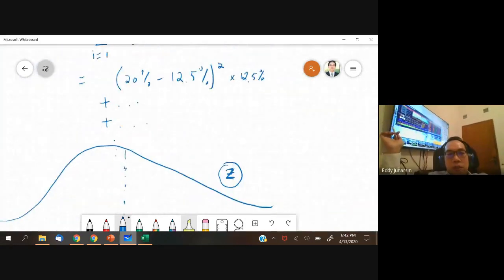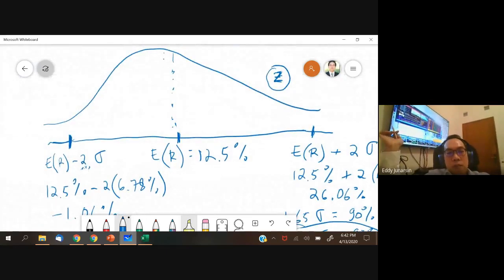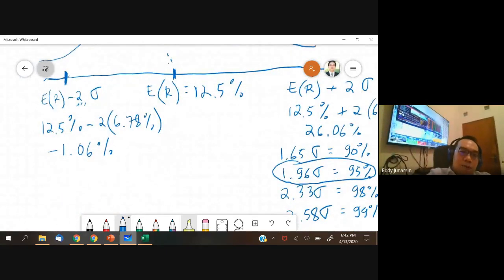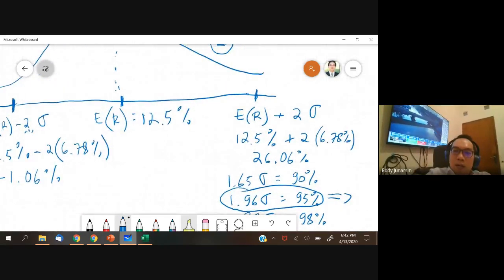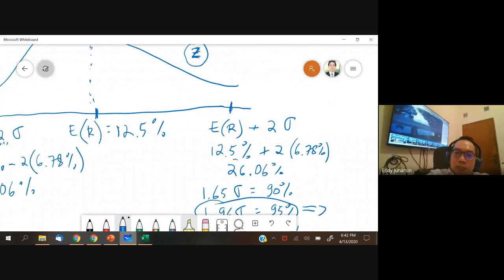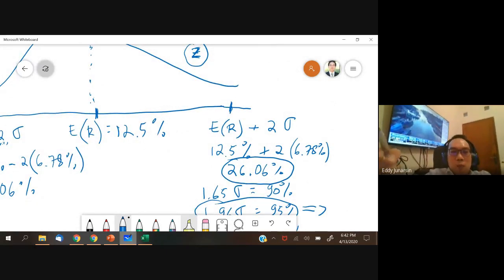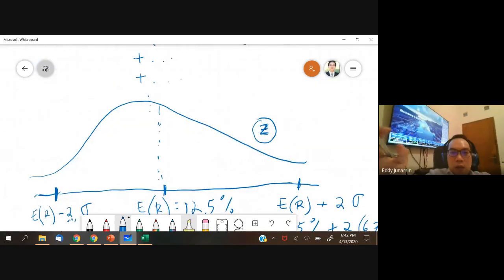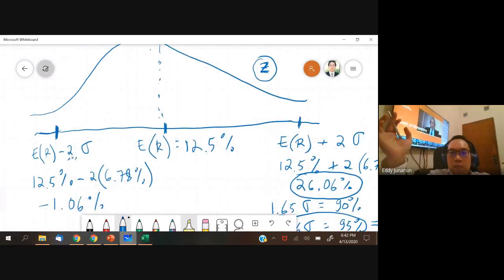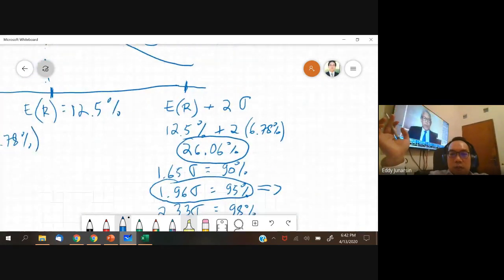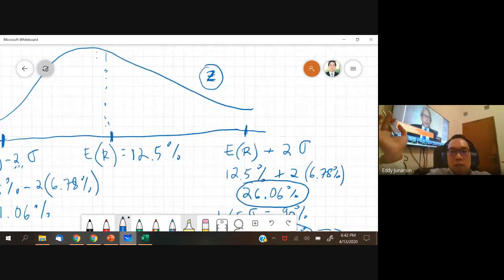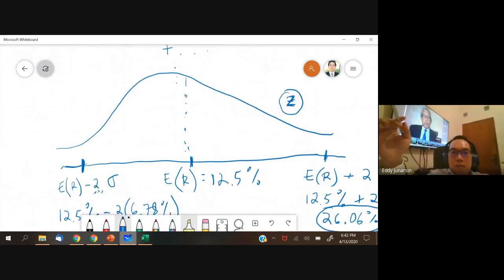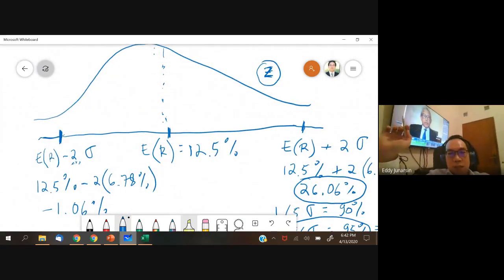The expected return on this investment is 12.5%, with a left swing, or the worst scenario, of minus 1.06%, and the best scenario of 26.06%. And what we are concluding is that the statement is true 95% of the time.